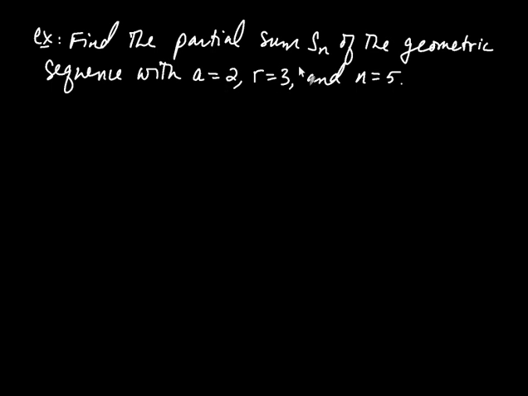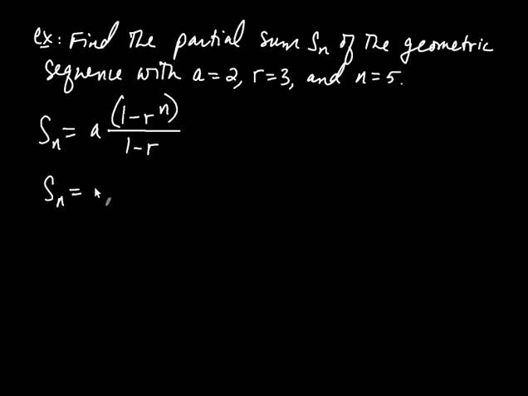Find the partial sum, S sub n, of the geometric sequence with a equal to 2, r equal to 3, and n equal to 5. Okay, so we're asked to find the nth partial sum. From the previous formula, S sub n is equal to a, multiplied by 1 take away r raised to the n in the numerator, and then divided by 1 minus r. And we're given all these things on the right-hand side.